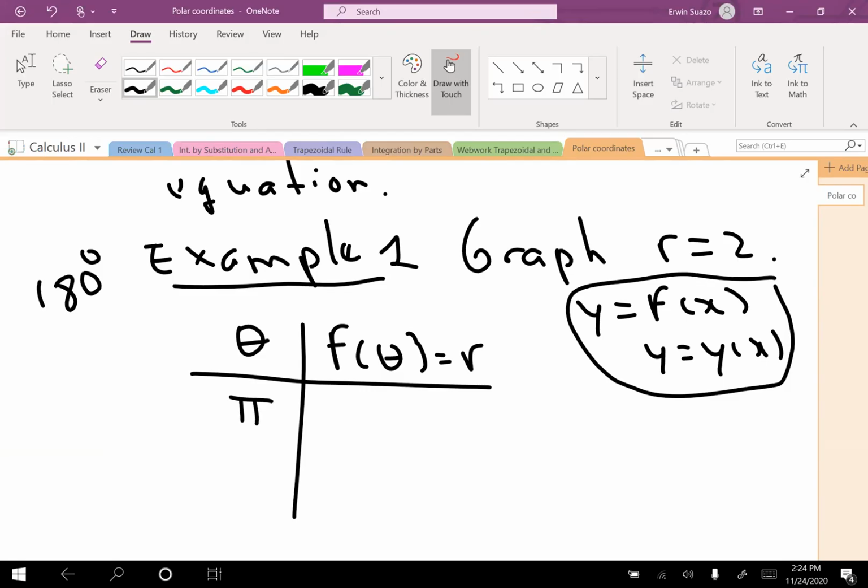So when you plug in pi over here, what do you get in this equation? This is r of theta equals 2. What is r of pi? 2. There you go. So give me another angle.